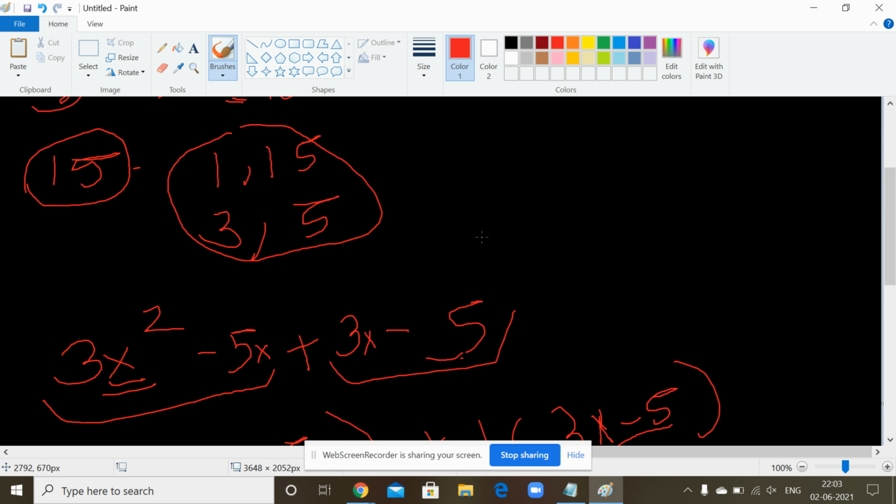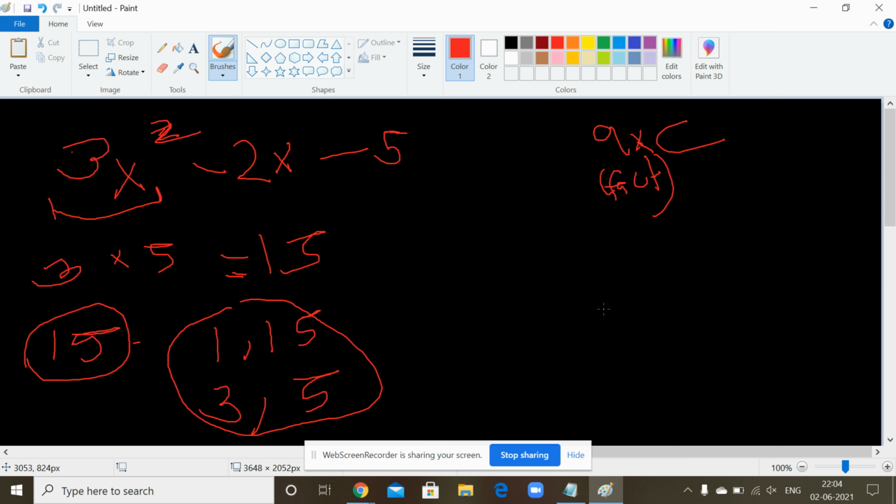Which of these sums or subtractions adds up to minus 2? Does 1 minus 15, or 15 plus 1, or 15 minus 1 add up to minus 2? No. Does 3 minus 5 or 5 minus 3? 3 minus 5 does.